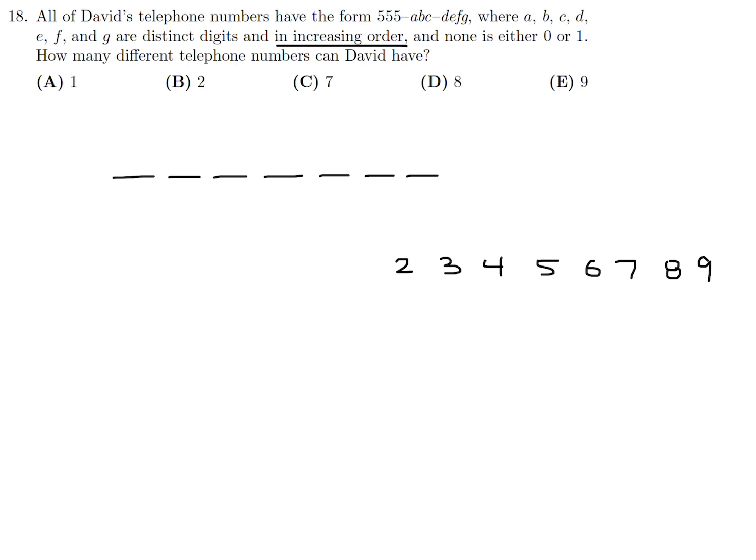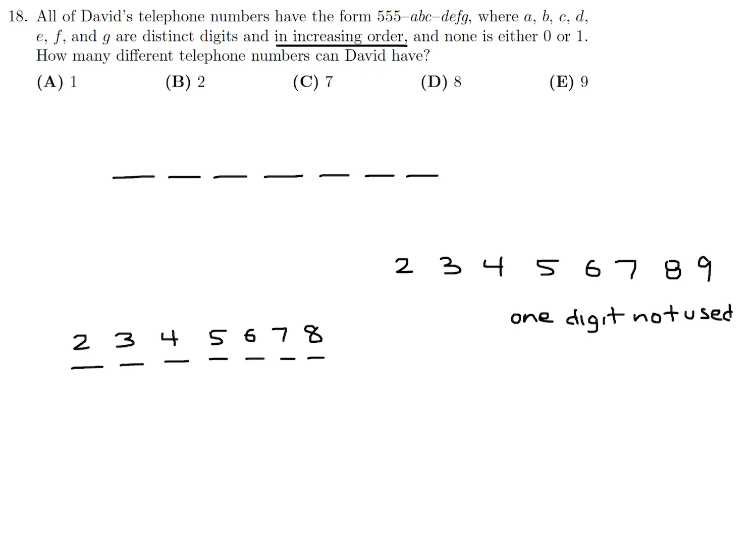Basically, since I'm using only 7 of the 8, there's always going to be 1 digit not used. Correct? So, for example, let's use the most basic one, which is just straight across 2, 3, 4, 5, 6, 7, 8. I'm using these as my 7-digit number. The 1 digit not used in this case was the 9.